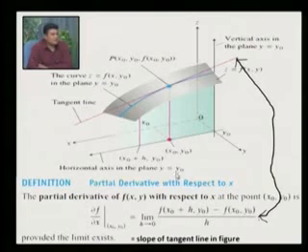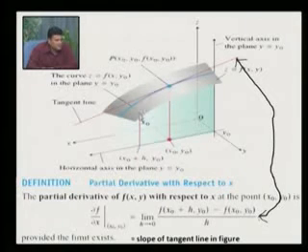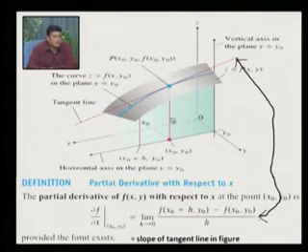Now let us see the definition of the partial derivative with respect to x. It is the limit as h tends to 0 of f of x0 plus h comma y0 minus f of x0, y0, upon h. Now see here, this height is f of x0 plus h, y0, and this height is f of x0, y0.